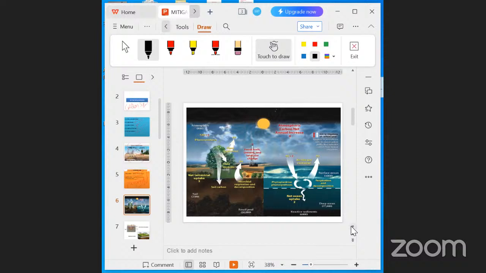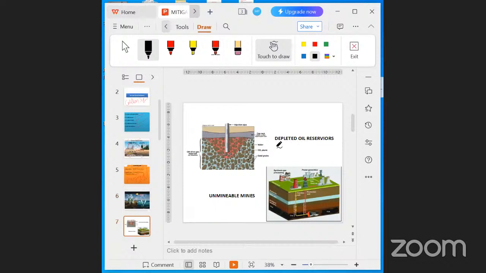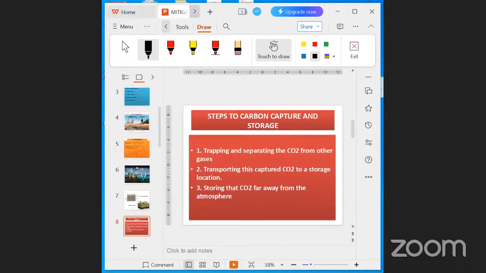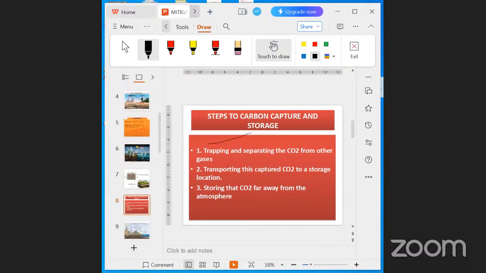So now you see here, these are the depleted oil reservoirs and unminable mines. There are three main steps to carbon capture and storage. The first one is trapping and separating the carbon dioxide from other gases.